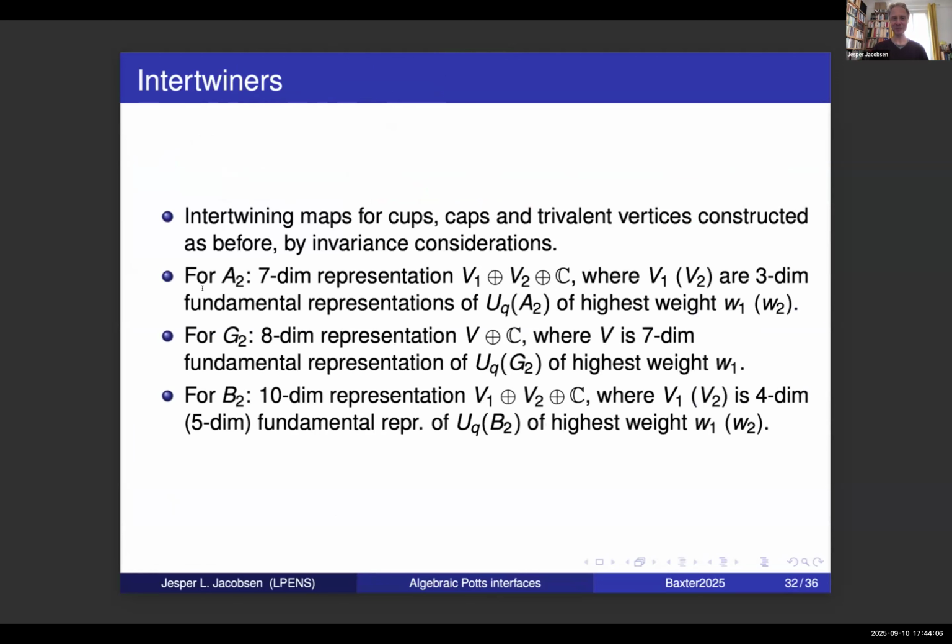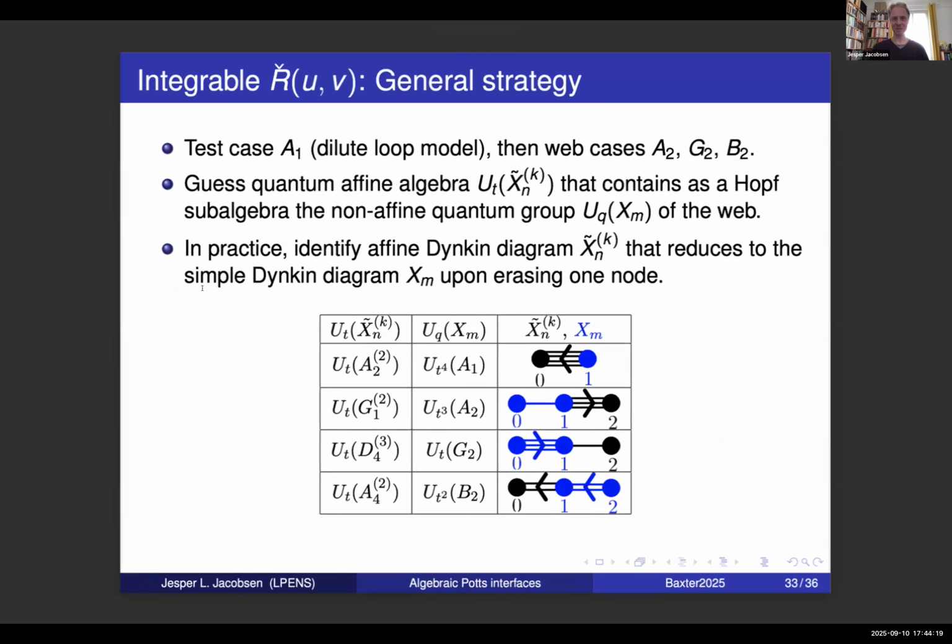So for the A2 case with a 7-dimensional representation that consists of fundamental and dual and trivial representations, using some construction that goes back to Jimbo, we can relate it to some known integrable model, and once everything is done and said, we are going to get, on a square lattice, a model described in terms of diagrams with certain weights that is precisely equivalent to this model, and that is integrable.